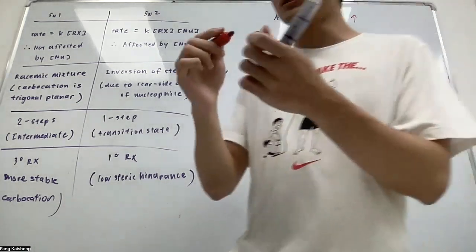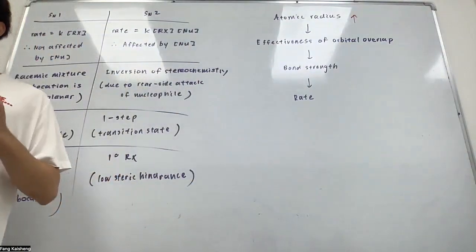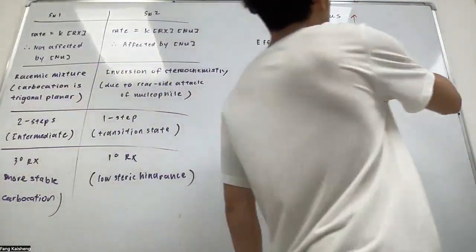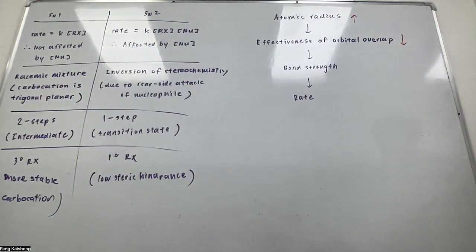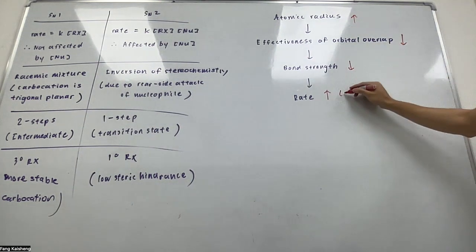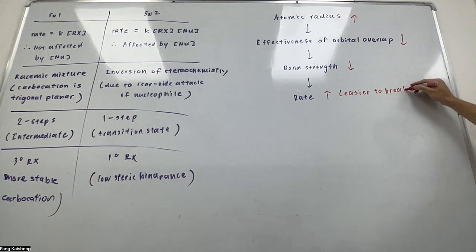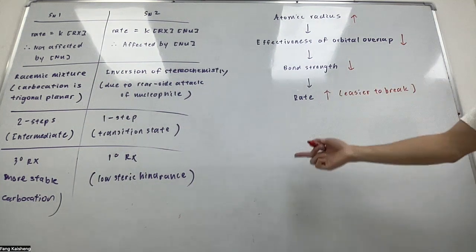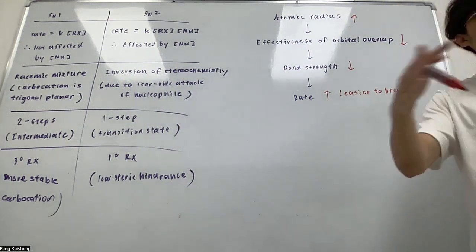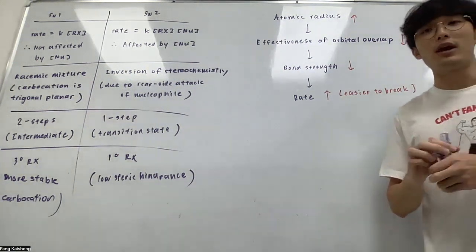What happens to effectiveness? It decreases, larger atoms cannot overlap as well. So the bond strength becomes weaker, and the rate becomes faster because it's easier to break. In other words, C-I is the weakest and the fastest. The rate we will see more in the next lesson.